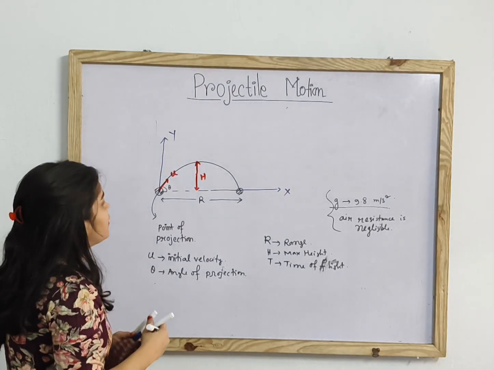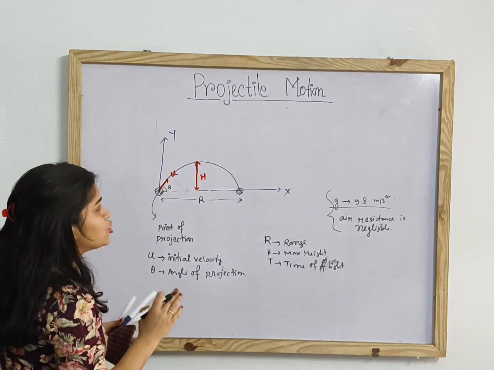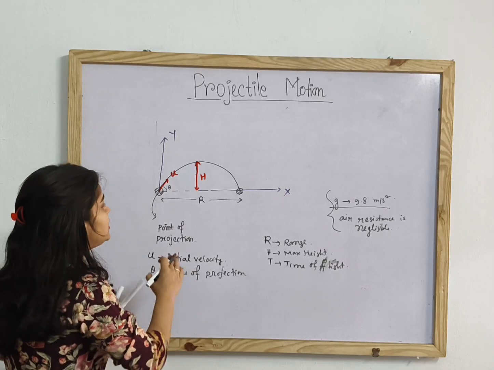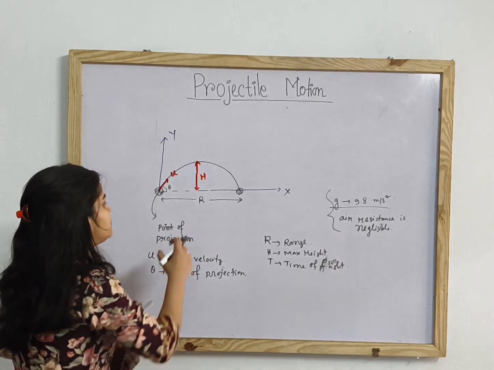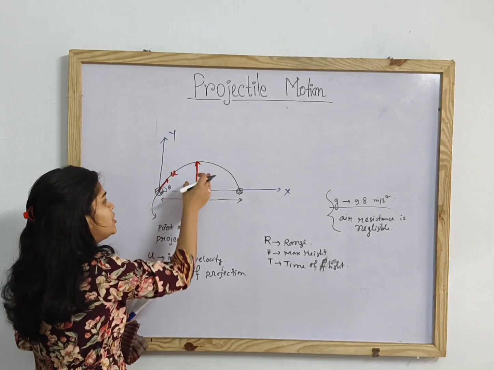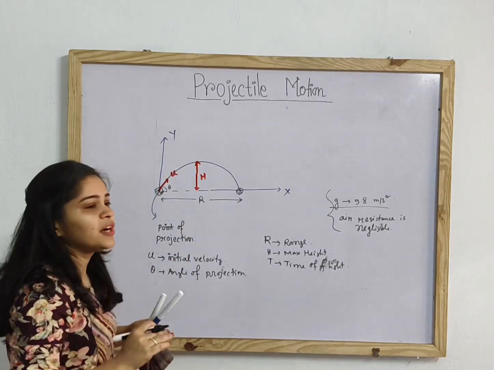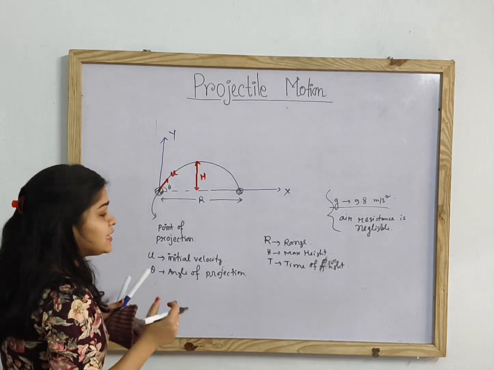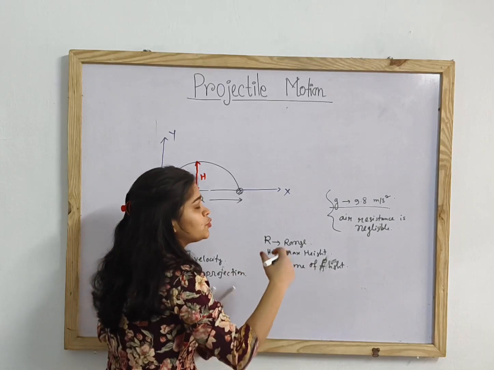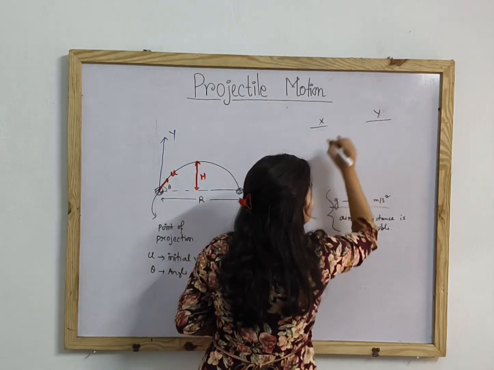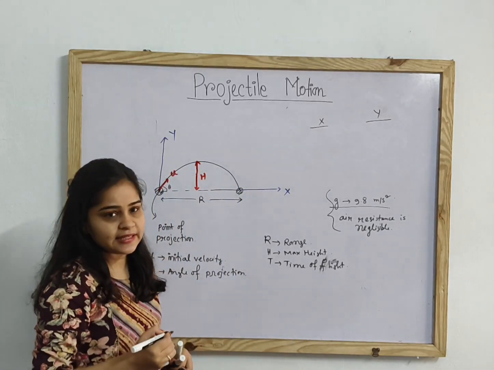So clearly, if we have two axes and the motion is taking place in a plane, we can take all the values, that means the velocity, in two perpendicular directions. That means we are going to separate things into two parts, one along the y axis and one along the x axis.